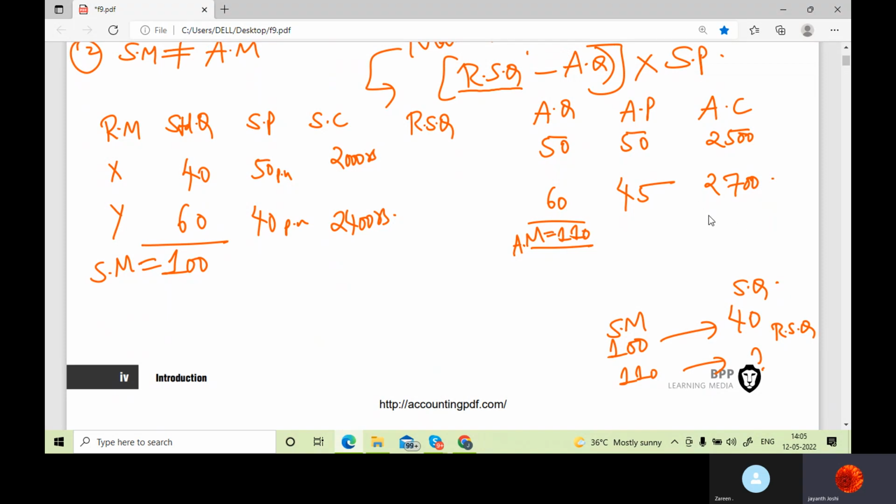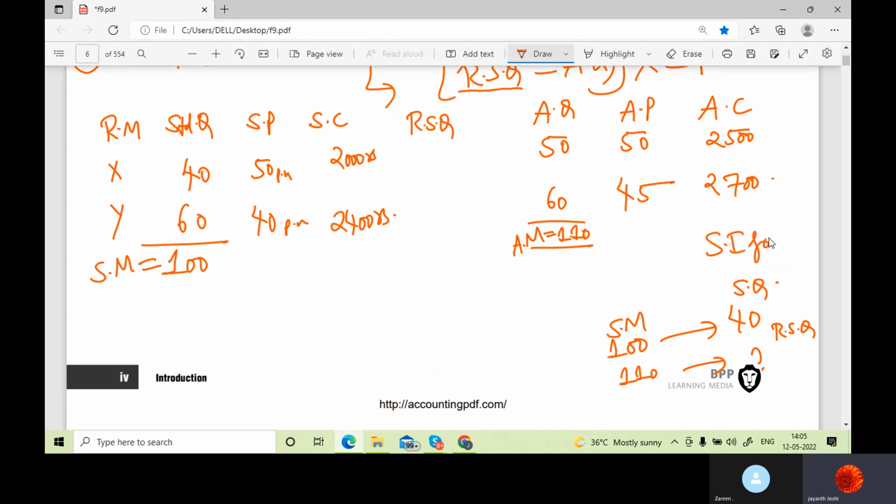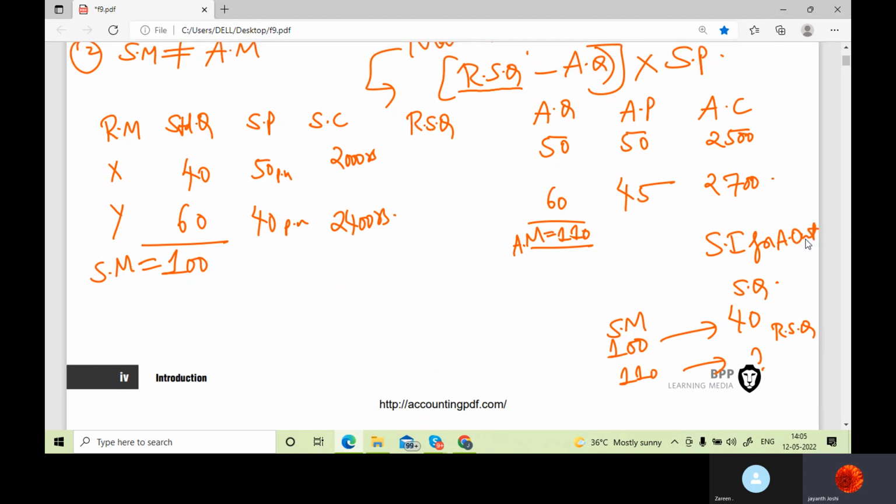Okay, I'm writing the words standard input for actual output. So now cross multiply. So 110 into 40 by 100. How much, Zarina, can you tell me? I'll write it here and also find out the next one.